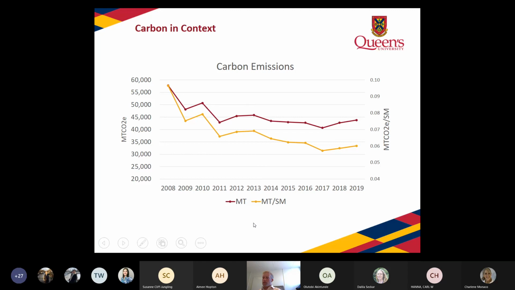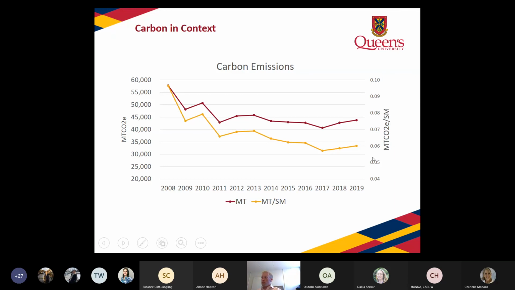So I did find the slides that I had, I must have deleted them out, so I do apologize for that. I wanted to show a couple of slides on how we've been doing at the university on our carbon emissions over time, and break out a few other metrics. One of them is for the Queen's context specifically. On the right here, we've got our Scope 1 and Scope 2 emissions added together in metric tons of CO2 equivalent, and on the left is the intensity over the square footage that we have on campus.